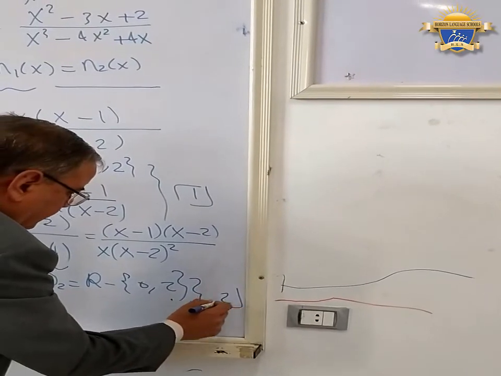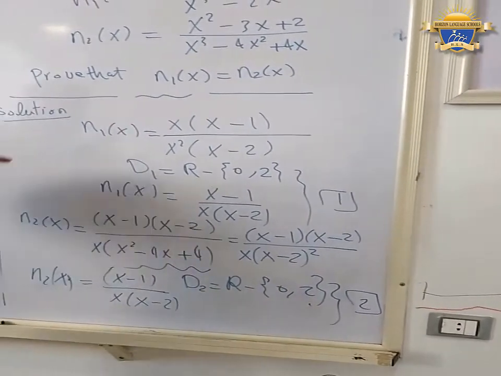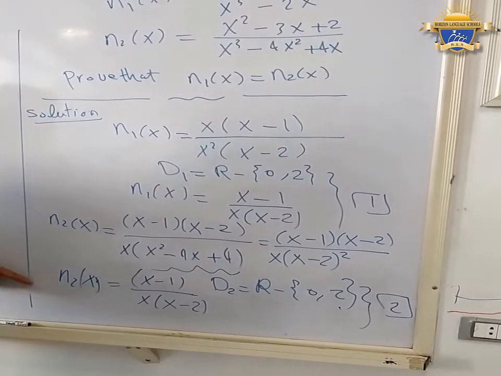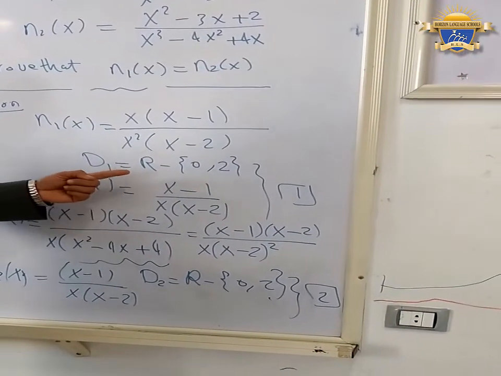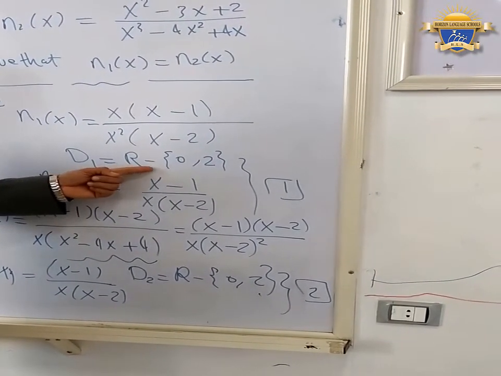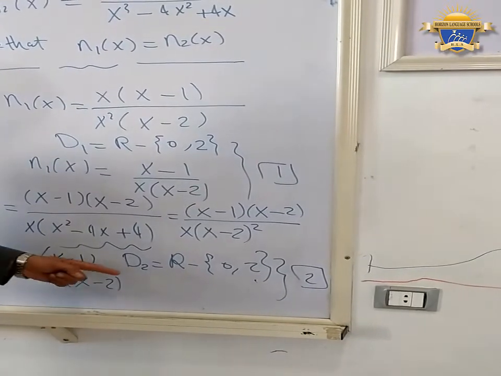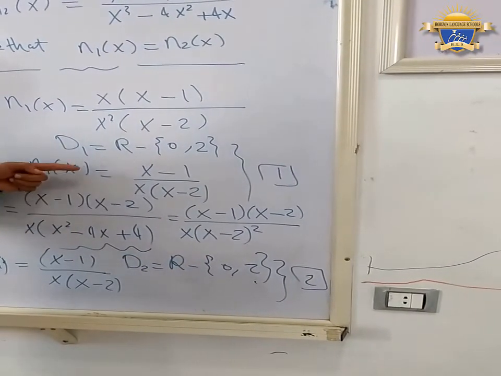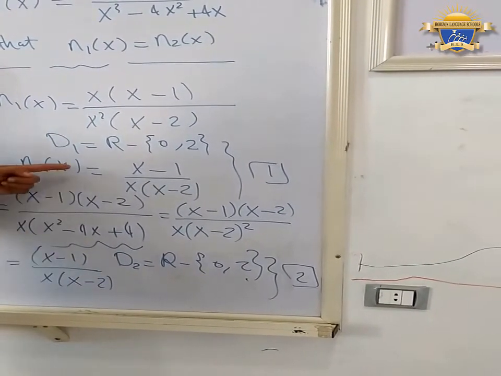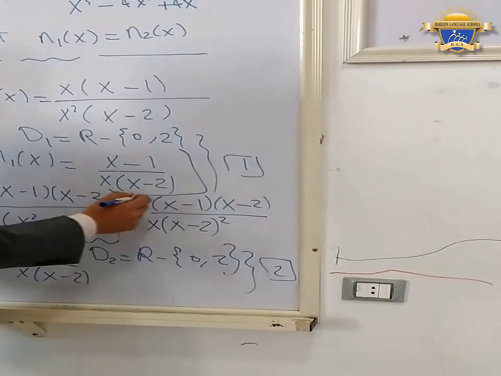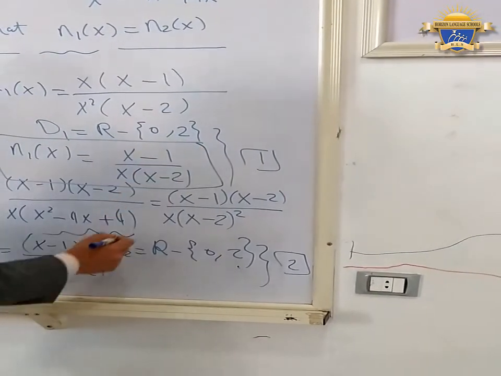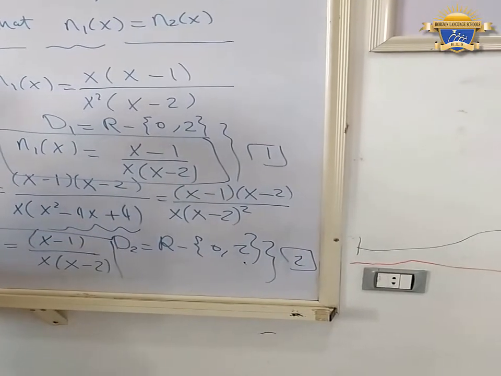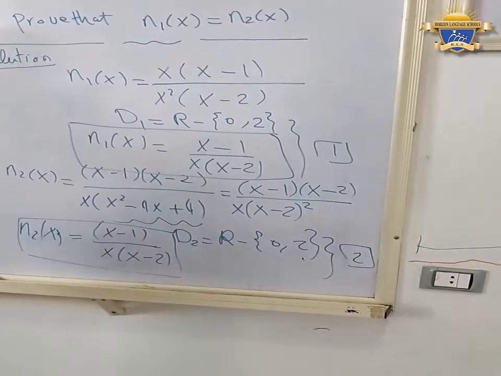From 1 and 2, we notice that n1 and n2 have the same domain, R minus 0 and 2, and they have the same rule after reducing.